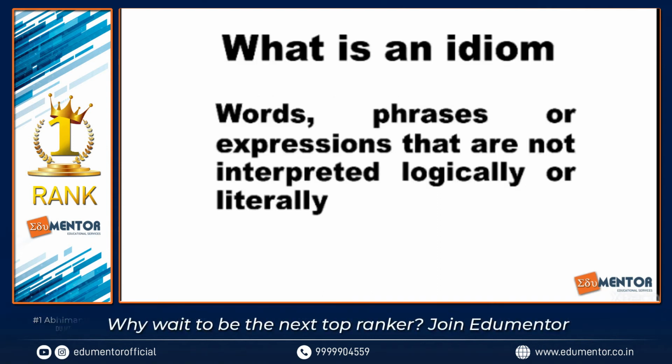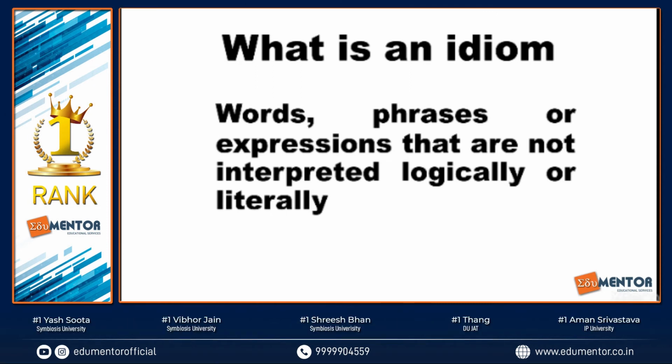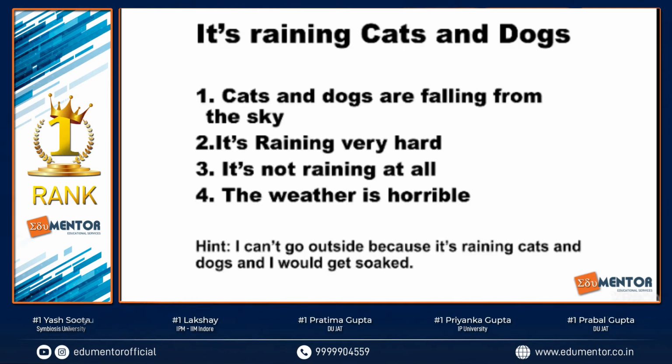Well, let's see. We also have a hint over here, in terms of using this particular idiom in a proper sentence. The sentence is, I can't go outside because it's raining cats and dogs, and I would get soaked. So this is the hint that we have.